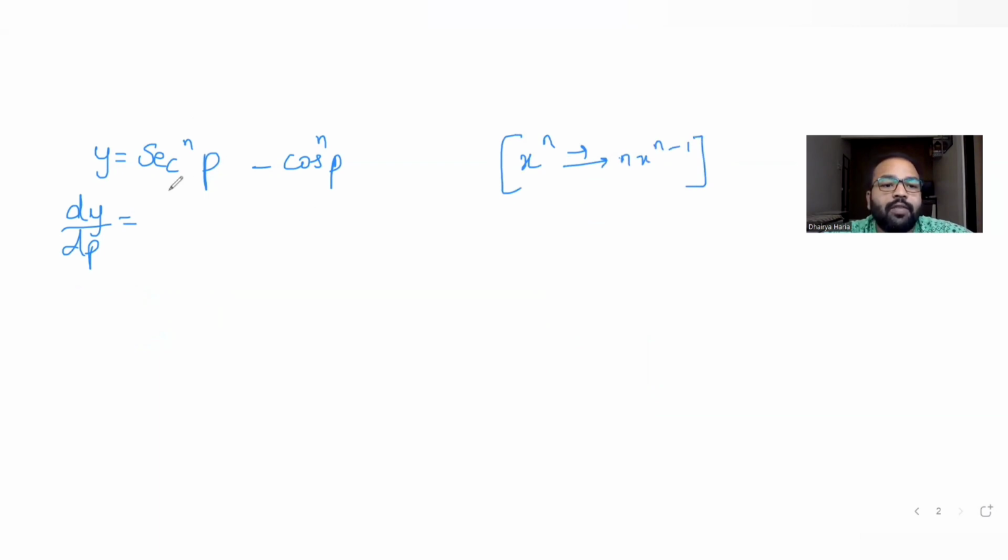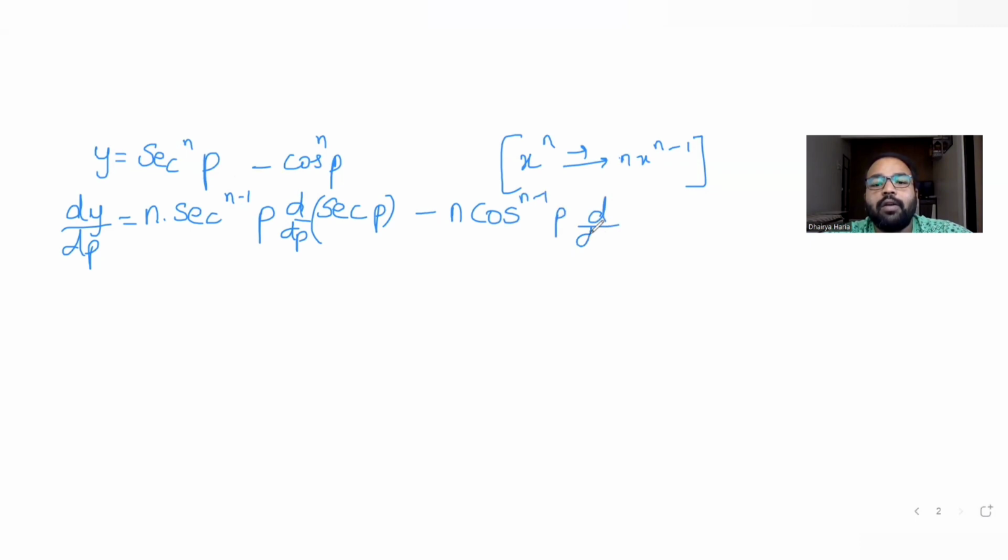So here also the derivative will become n into sec raised to n minus 1 p into the derivative of sec p, because it is not x, it is sec p, right? So I will have to again take the derivative of sec p further. Cos raised to n p I can write as n cos raised to n minus 1 p, again, further derivative of cos. So I should write dp.